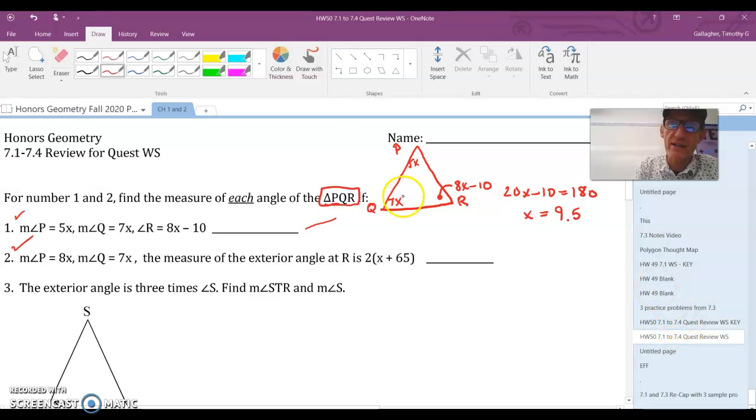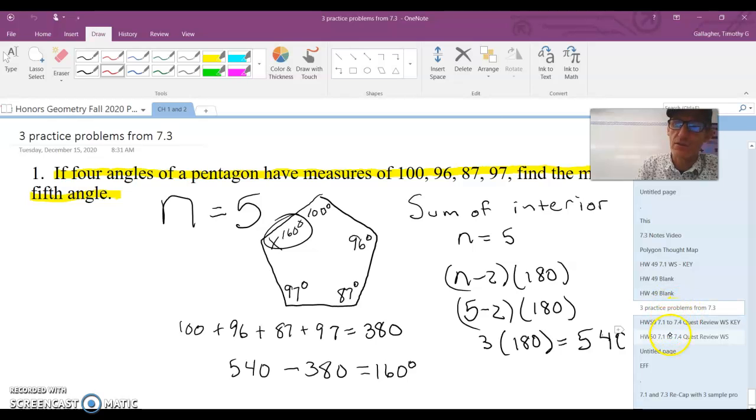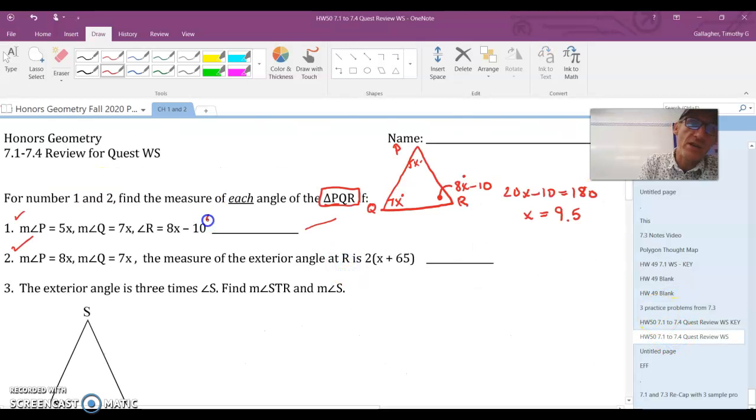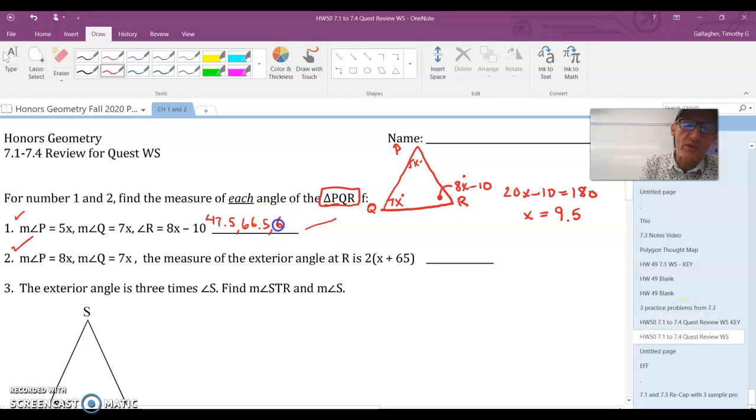Now when I substitute x here, here, and here, I get these three angles: 47.5, 66.5, and I believe it was 80 or 66. So that's what we get when we substitute x equals 9.5.